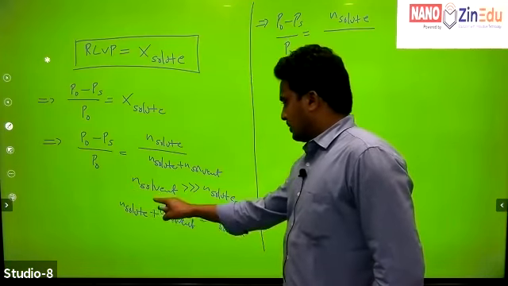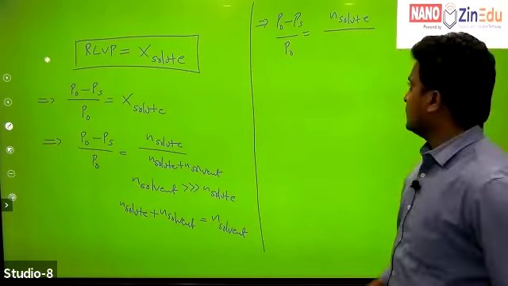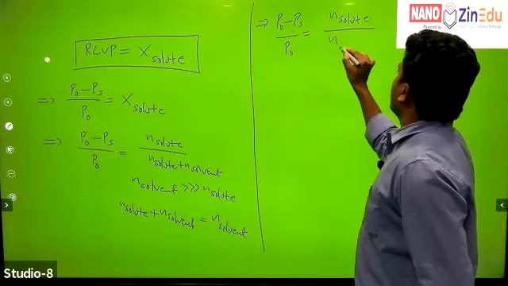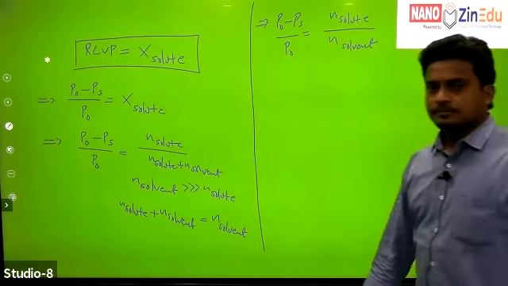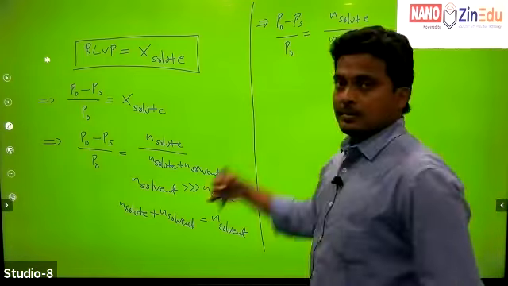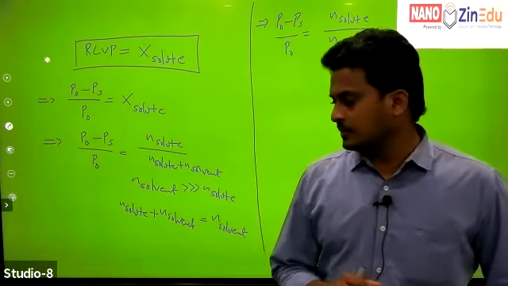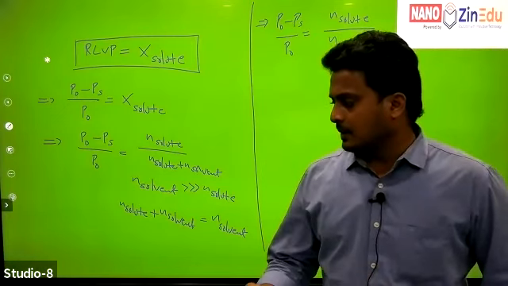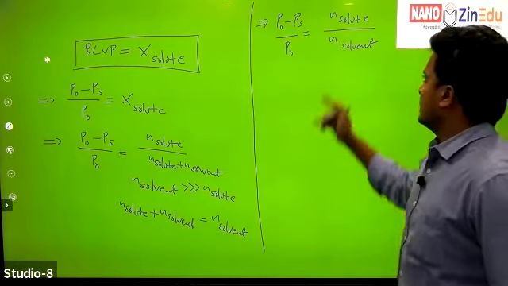Again, how can we write number of moles? In the form of weights and molecular masses. Weight by molecular mass. Substitute here.